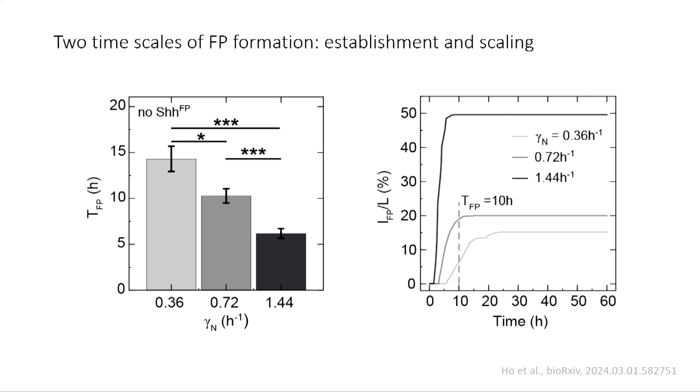But if you would like to name one thing, it's degradation, the one parameter that if you perturb it, you really could affect very clearly the time of formation. So it's maybe also not surprising that if you take the inhibitor of the floor plate and it degrades faster, you could actually allow the floor plate to grow quicker.